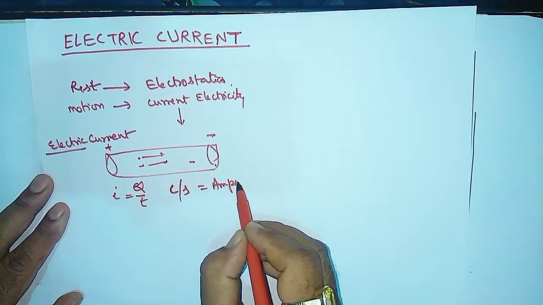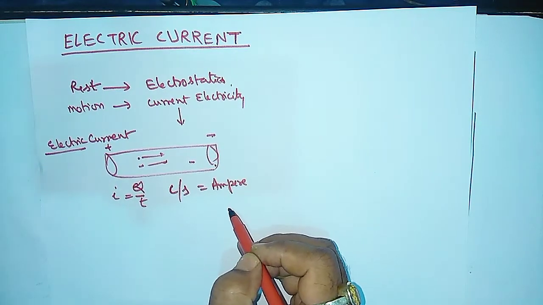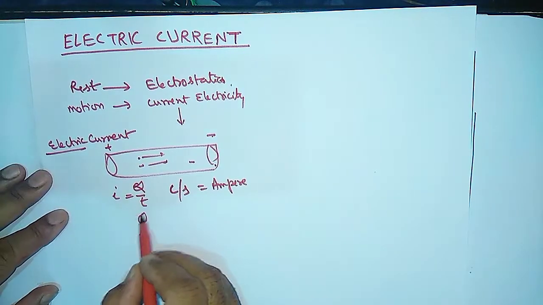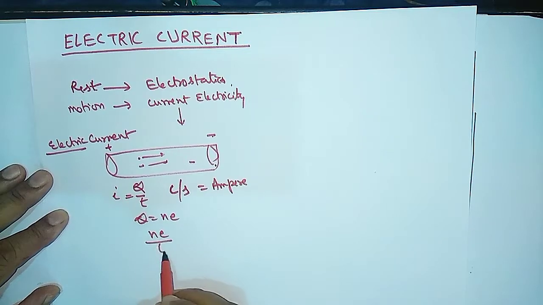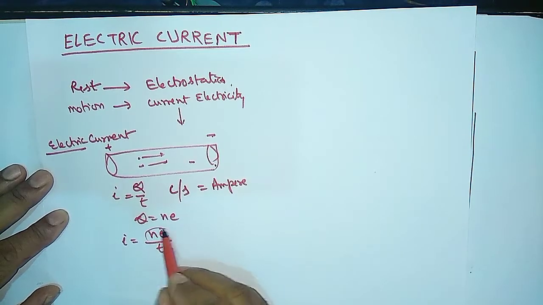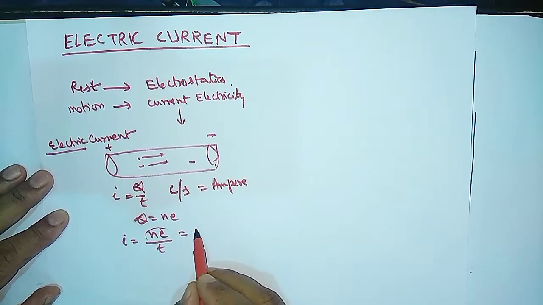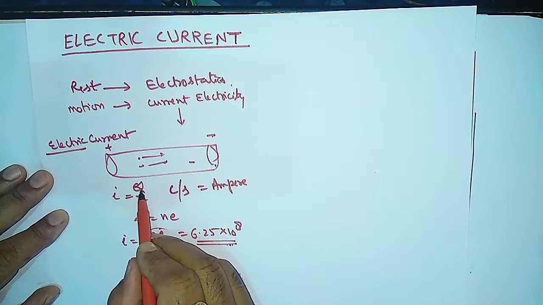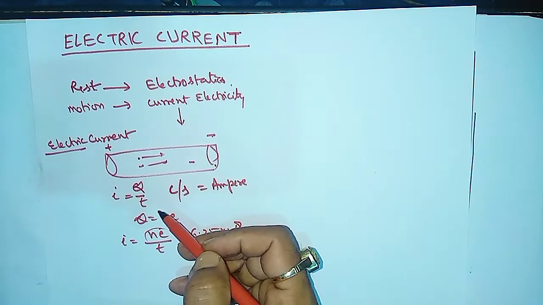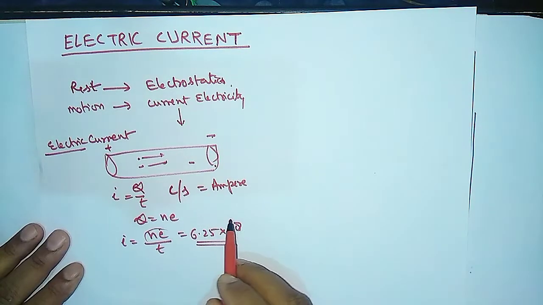Its SI unit is ampere, and you know very well, if we put Q equal to Ne, then the number of electrons required for 1 coulomb of charge is approximately 6.25 into 10 to the power 18 electrons. So we should also know about it.